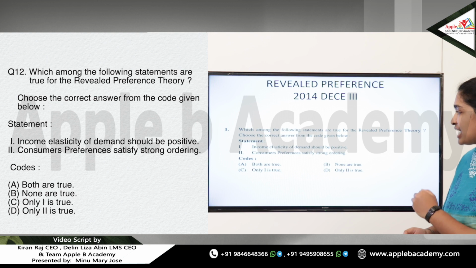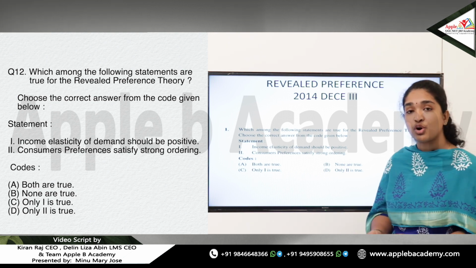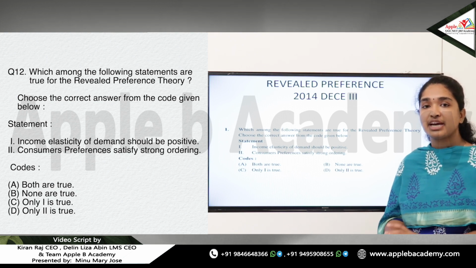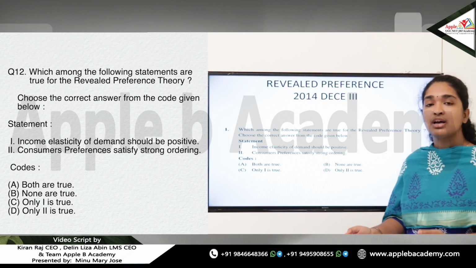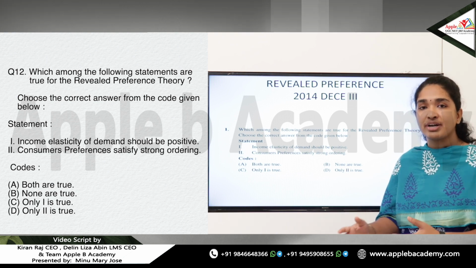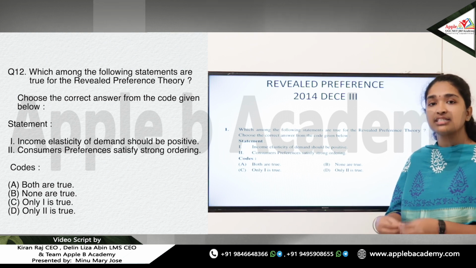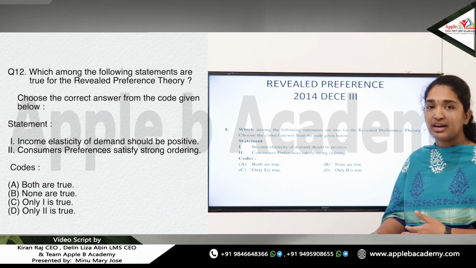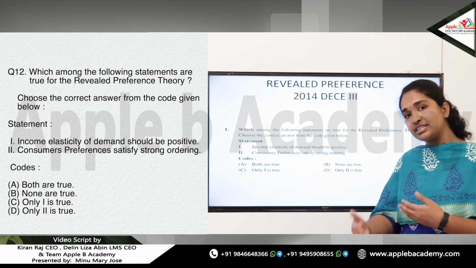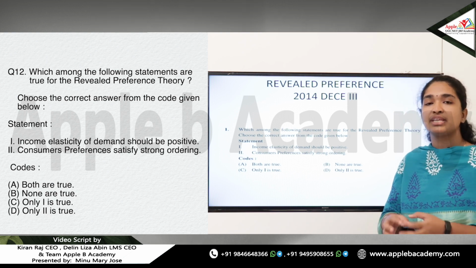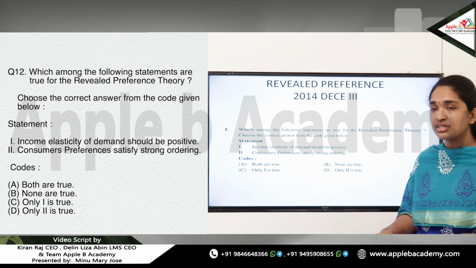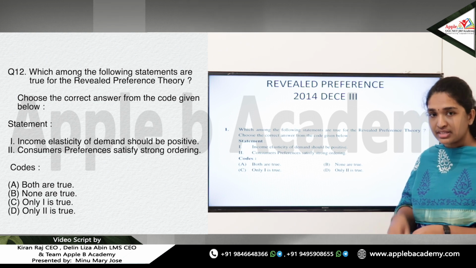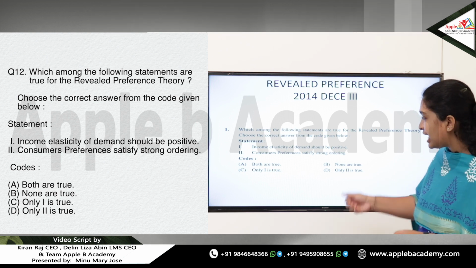And statement 2, that consumer preferences satisfy strong ordering, is also one of the important assumptions given in the revealed preference theory: once a consumer has chosen a particular bundle or a particular preference, he has revealed his preference, and he will keep on considering that at all times, every time he is given any other sort of options. So both these statements, 1 and 2, are exactly true in the case of revealed preference theory. So the answer would be option A, both are true.